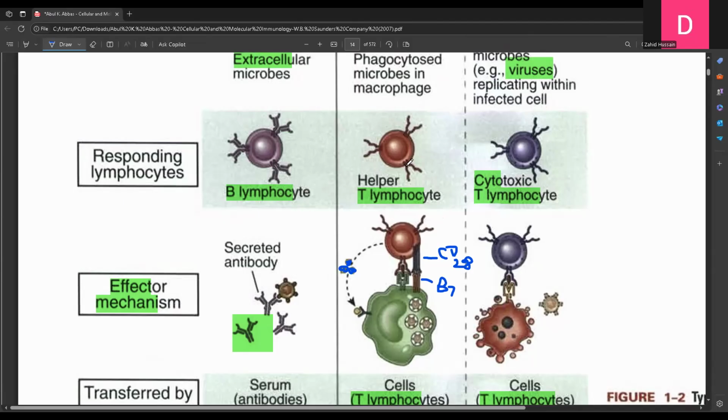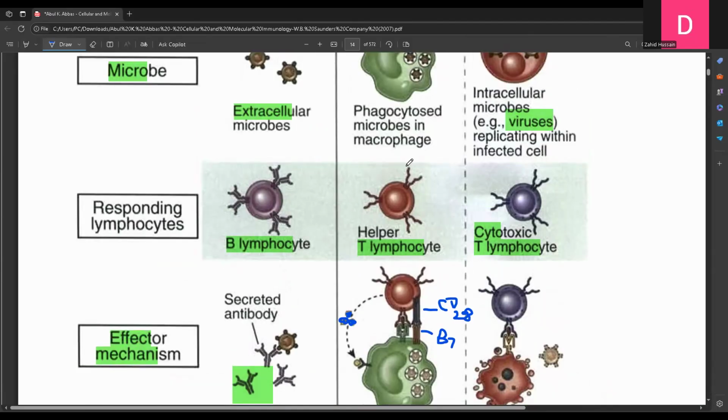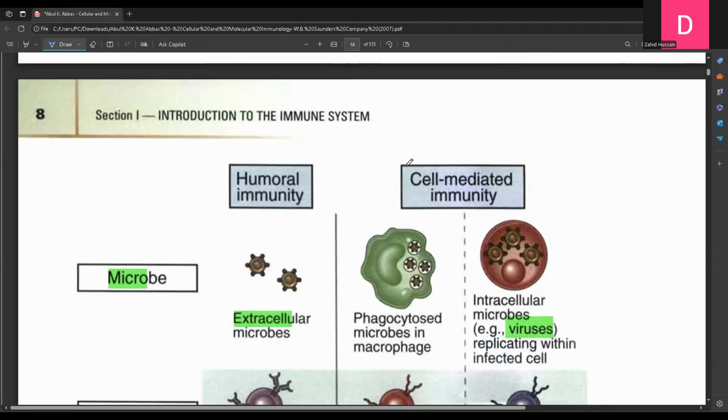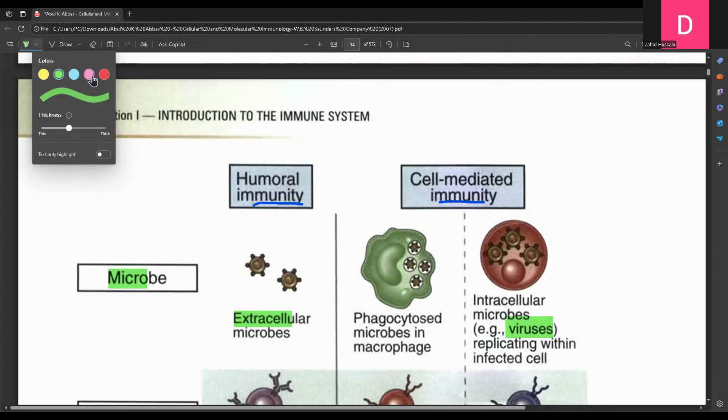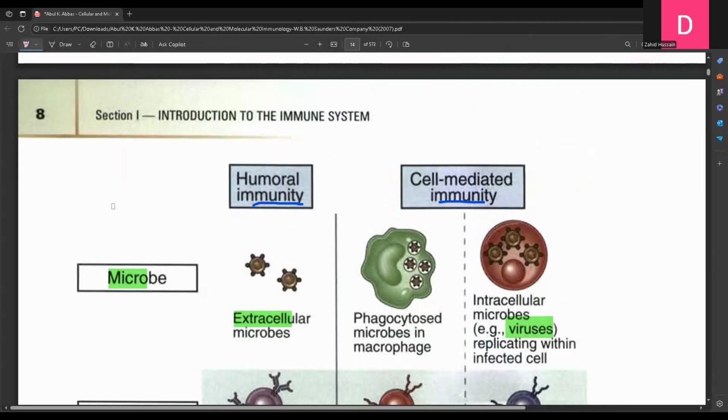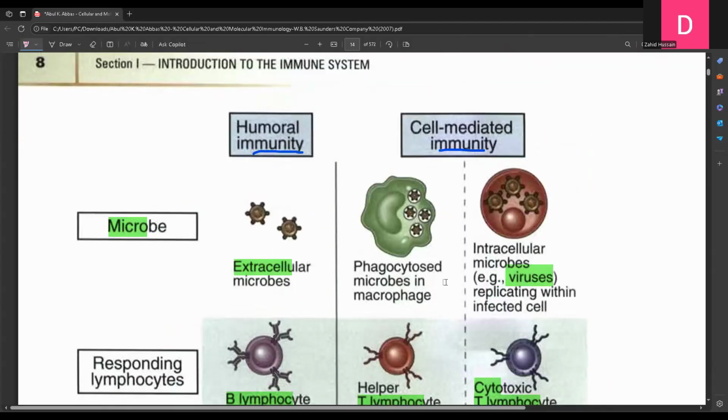So anyway, we see that there are two types of immunity, humoral immunity and cell-mediated immunity. In humoral immunity, the liquid part of the blood will take part. In cell-mediated immunity, the white blood cells, especially the T lymphocytes, will take part.